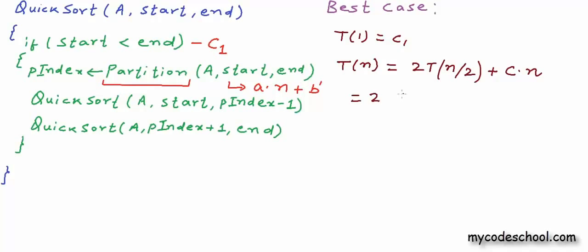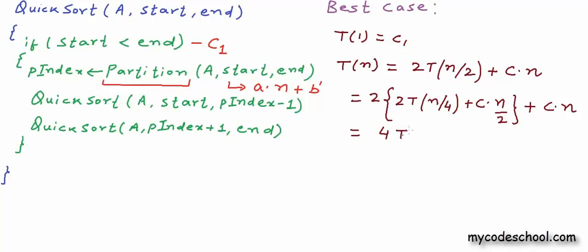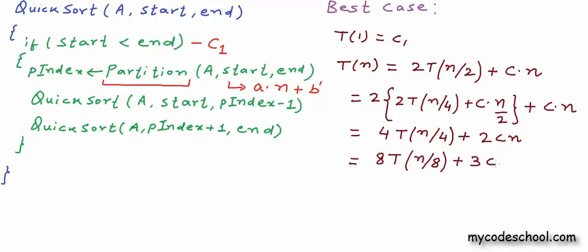We can write T(n/2) as 2T(n/4) plus c into n by 2, and we will have cn outside. This overall will be 4T(n/4) plus 2cn. And now we can write T(n/4) in terms of T(n/8) like this. This will be 8T(n/8) plus 3cn.